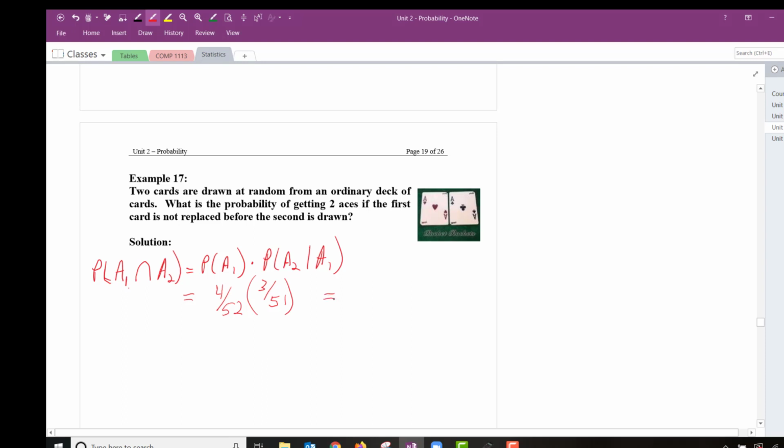This probability ends up being just the product there, which is relatively low. It's 0.0045248886.